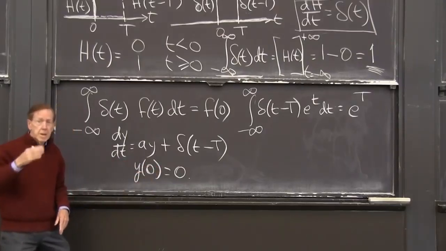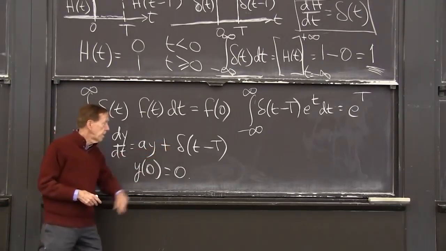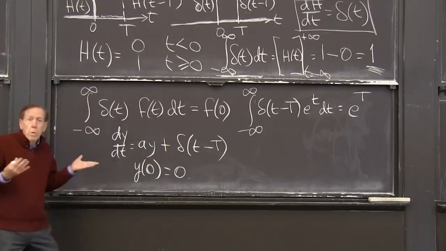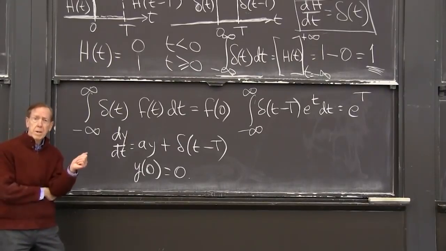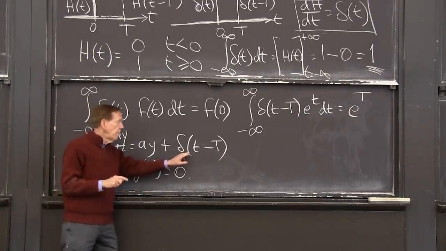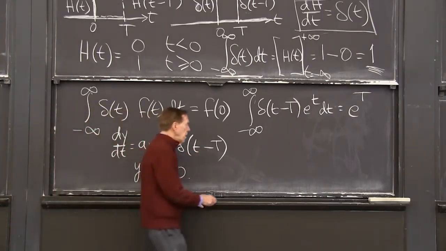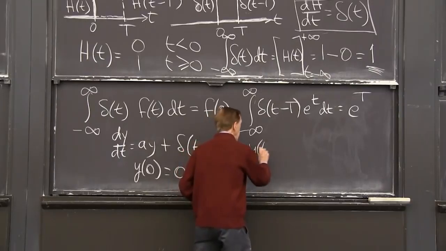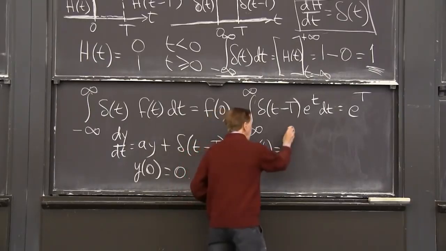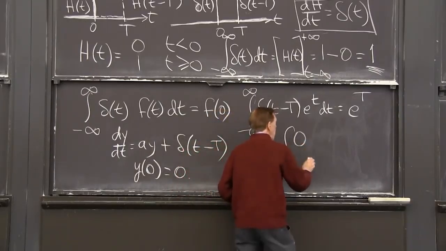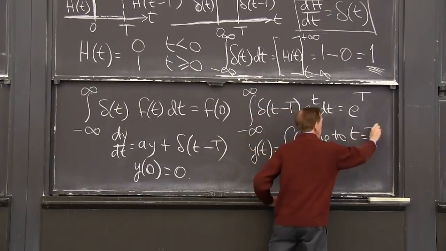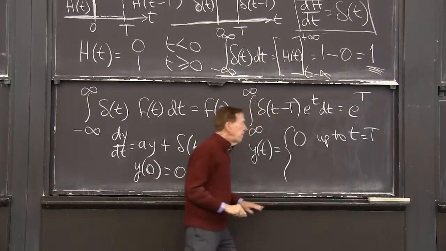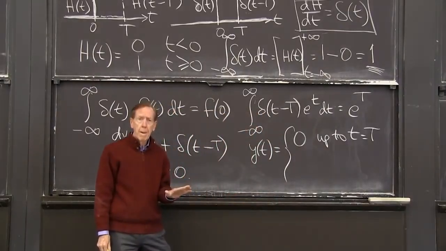If I was depositing $10, I would make it 10 delta. Okay, so we know what the solution is from a deposit of $1 made at one time, t equal to capital T. What is the solution? Y of t, we have 0 up to t equal to capital T. Nothing whatever has happened.